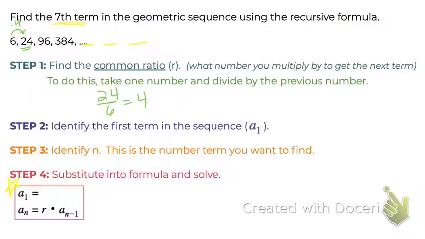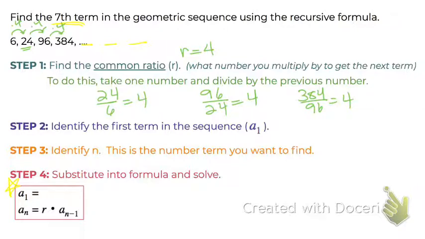But you want to test it out and see if we're continuing to multiply by 4, so pick a number like 96 and divide it by the previous number. And we see that's also 4. 384 divided by 96 is also 4. So this confirms that we are multiplying by 4 each time, so r equals 4.